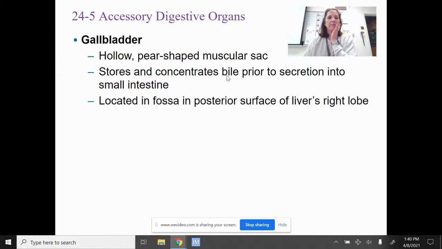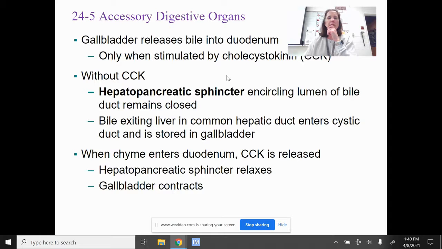Lastly, your gallbladder. It's a little pear-shaped muscular sac that stores that bile before it gets secreted into the small intestine. And when we dissect, sometimes it's embedded into that lobe of the liver. It'll just depend on our specimens. The bile can get released when it's stimulated by a hormone called cholecystokinin.